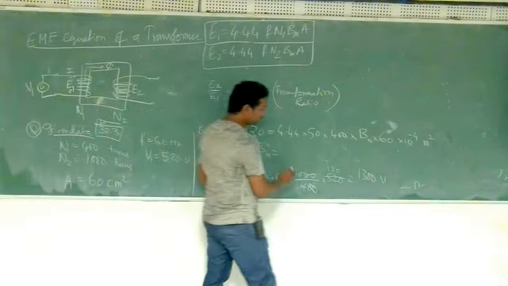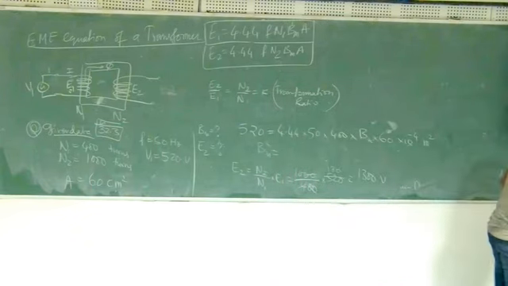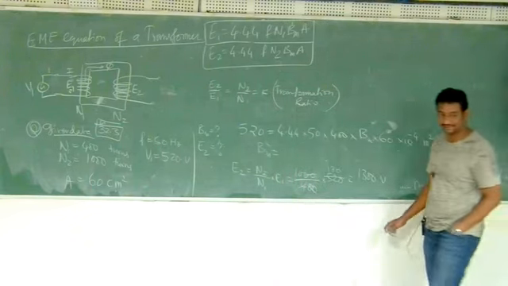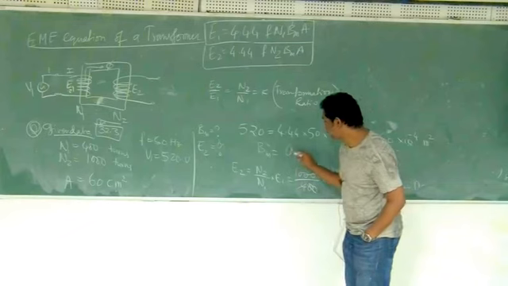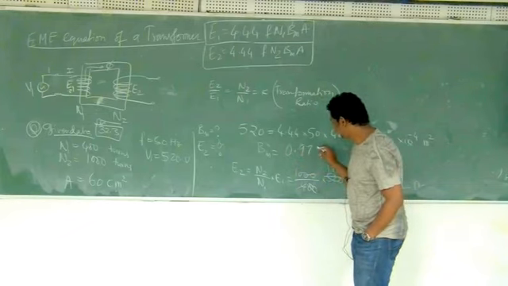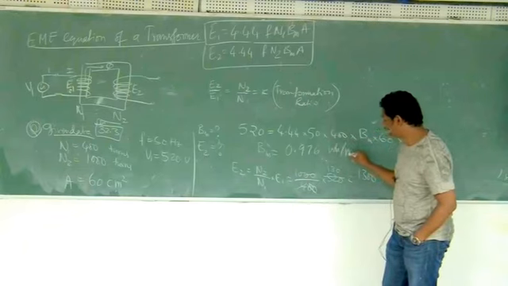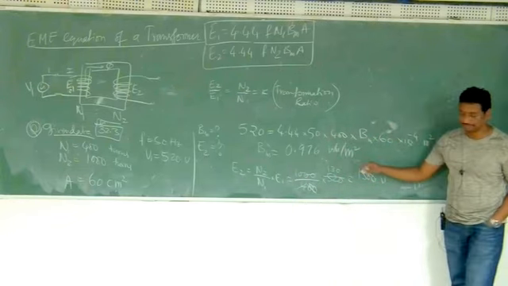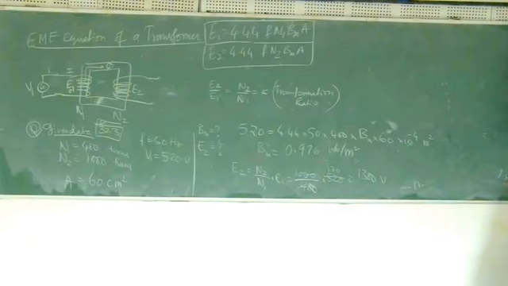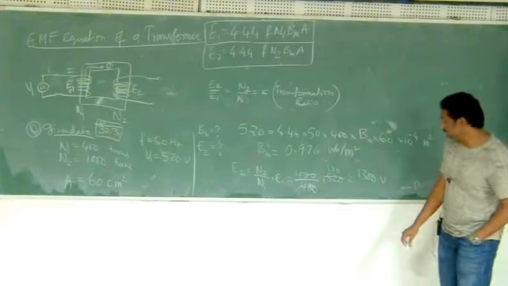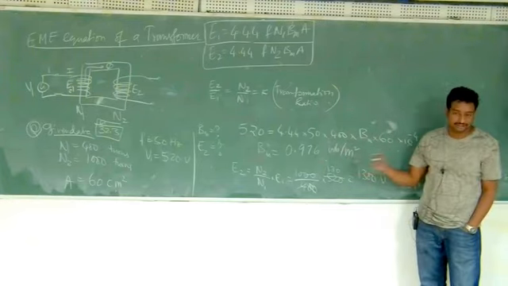So what is BM you are getting? How much? 0.976 I think. So this is Webers per meter square, which is the unit of the flux density. You know that Webers per meter square is nothing but Tesla.